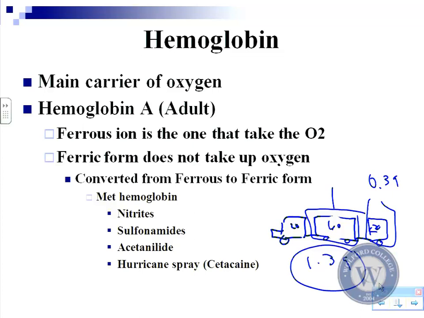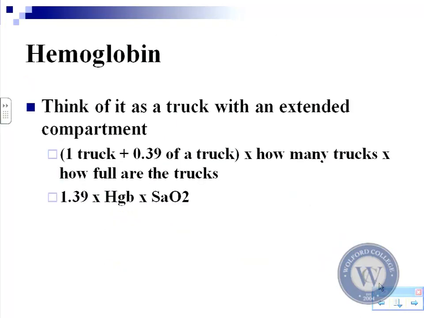If methylene blue actually attached to the hemoglobin, it would be considered a poison and would be deadly. Okay, but in this case, it stays dissolved in the plasma, so it acts as a sink to pull away the molecules that are bound to the hemoglobin, allowing the reversal of methemoglobin. Okay? That's a commonly asked exam question, so make sure you're aware of that.